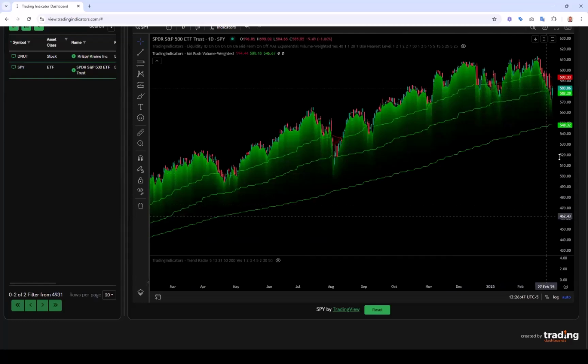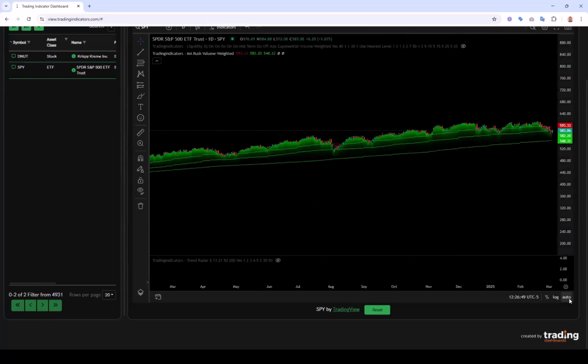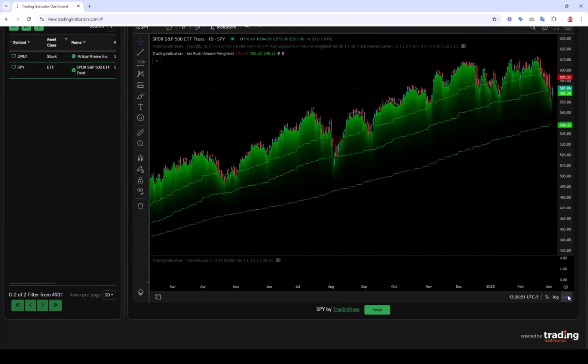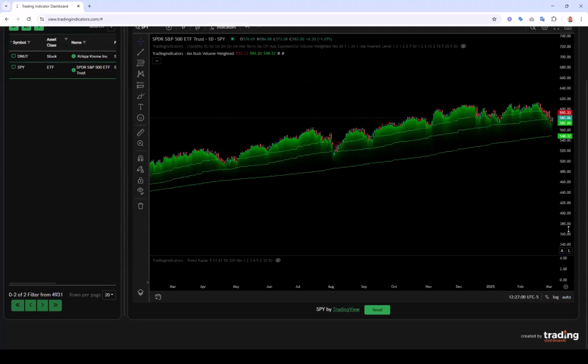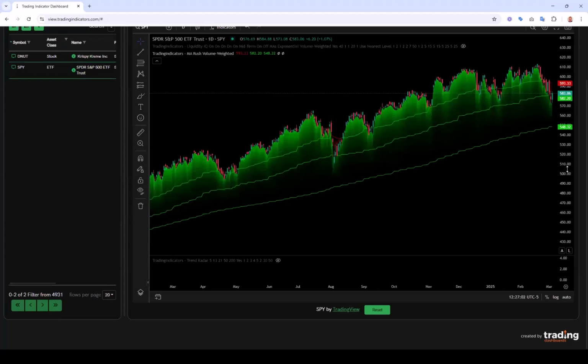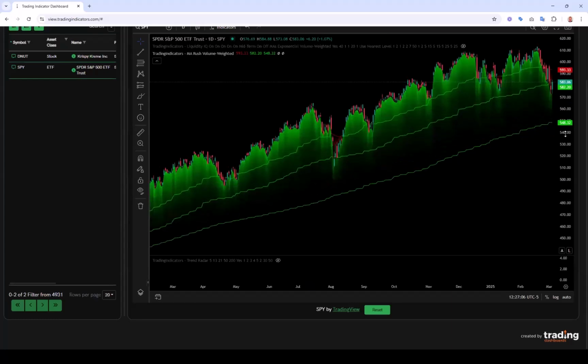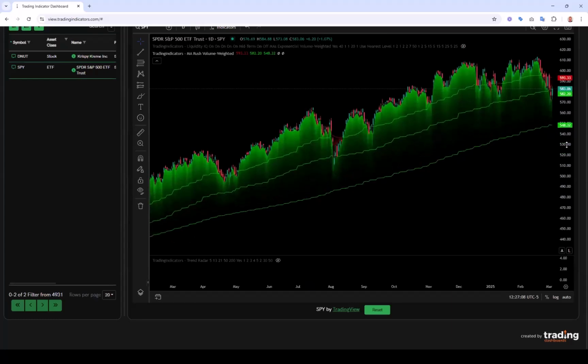A second way to do it, which would work just as fine, is to click this little auto button down here. Click on it, and we're back to our automatically zoomed out settings. And if you want to do it manually, you can just drag on this axis up and down. Hold your left mouse button down and drag it up and down to change the zoom settings.